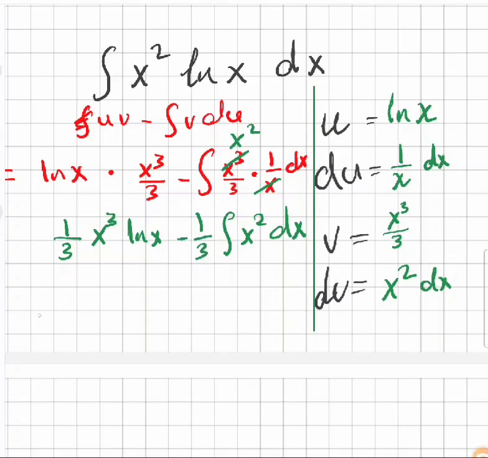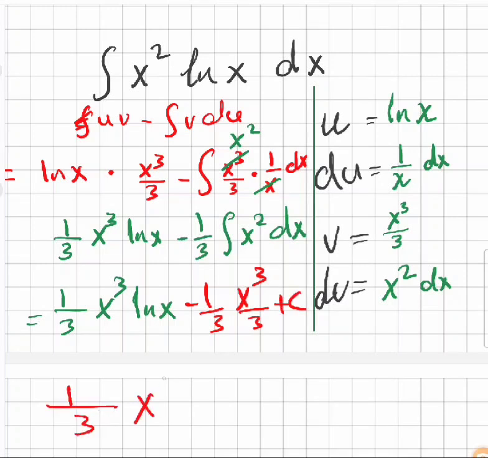The integral of x squared is going to be x to the 3rd over 3, and then plus some constant c. So the final answer is 1/3 x cubed ln x minus 1 over 9 x to the 3rd plus c. And that concludes this problem.